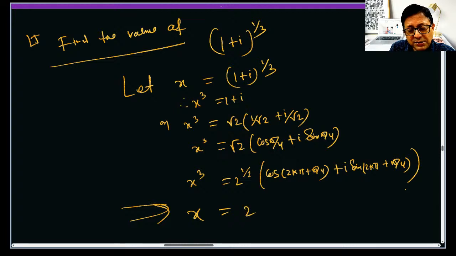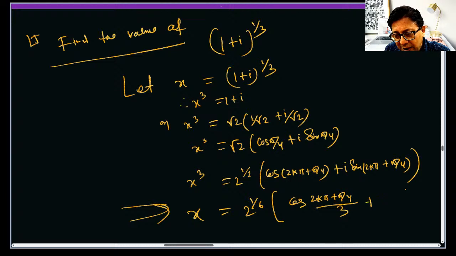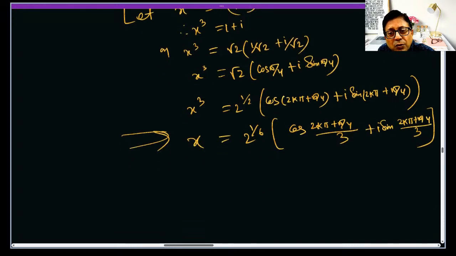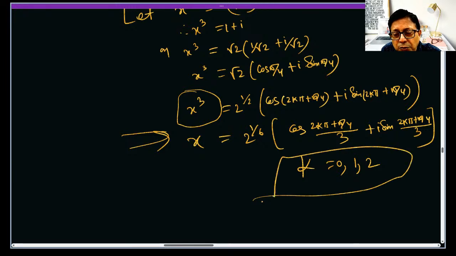X will be what? Use de Moivre's theorem. This divided by 3, I sin this divided by 3. What is the value of k? Because it is a cube root, no? You are finding the cube root. So k changes from 0, 1 up to 2. Clear?